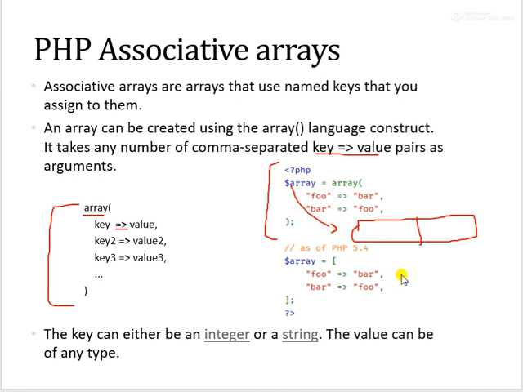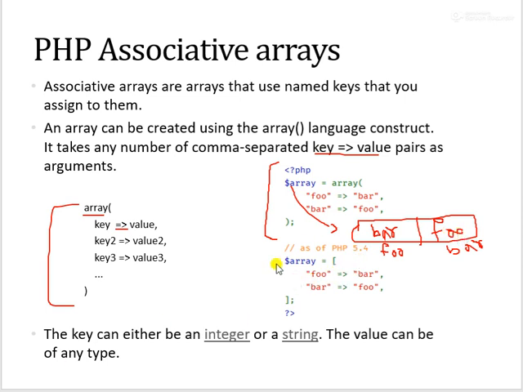Please look into the index and value carefully. The first index will be foo, the key is the index, so index is foo and value is bar, as a result of this statement. For the second statement, key is bar and value is foo. So it will be like this.